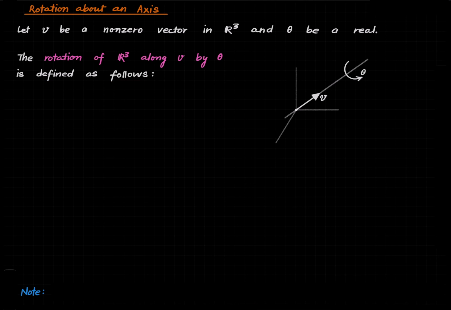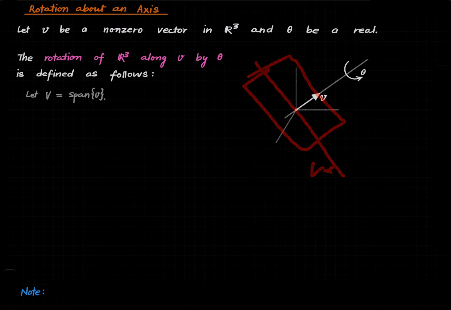All right, so first let V be the span of little v. So this one-dimensional subspace is V, and therefore we have its perp. V perp is a two-dimensional space, which is difficult for me to draw, but you can visualize.